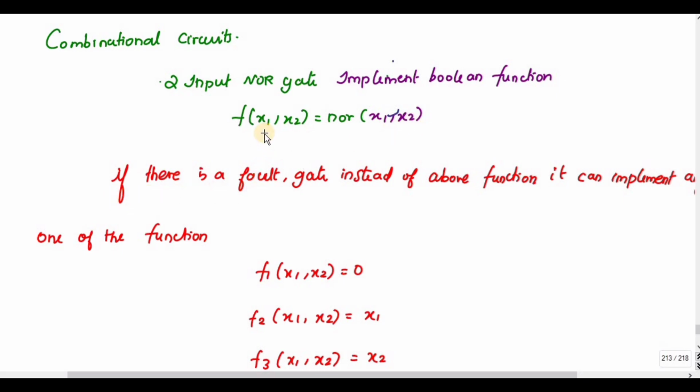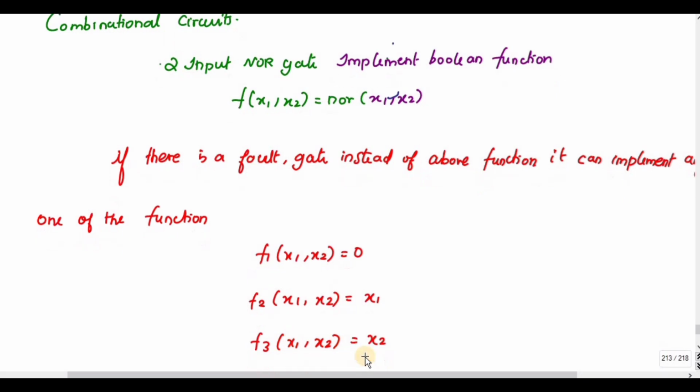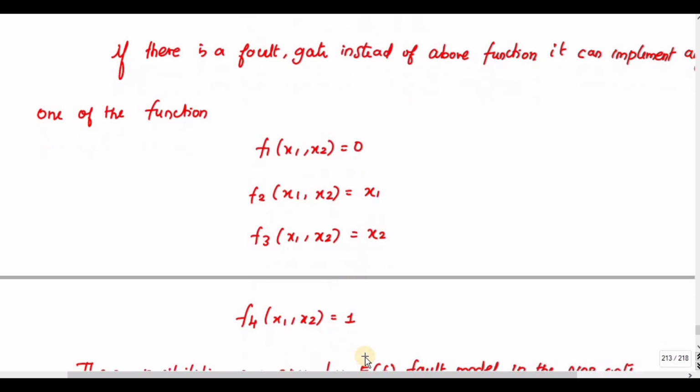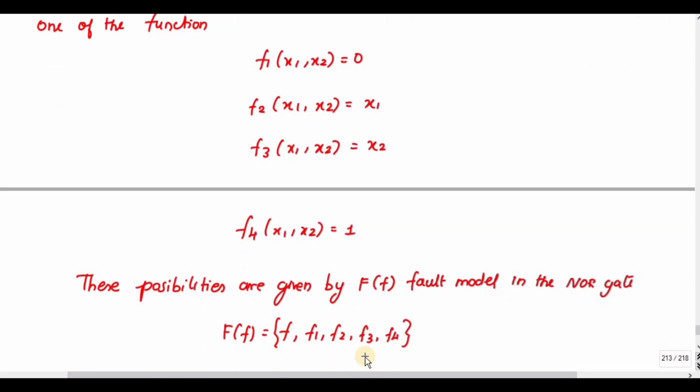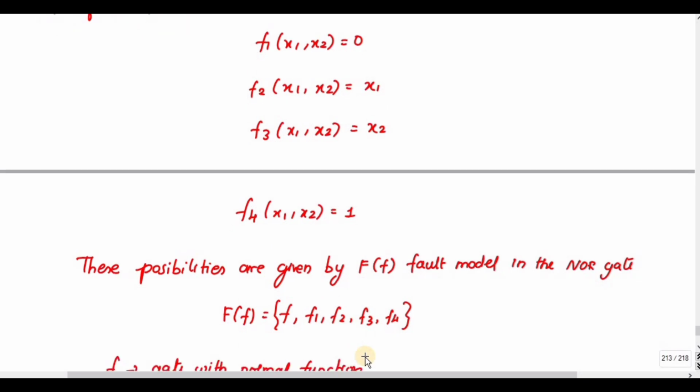If there is a fault in this NOR gate, instead of the above function it will implement one of the functions: f1(x1, x2) = 0, or f2(x1, x2) = x1, or f3(x1, x2) = x2, or f4(x1, x2) = 1.